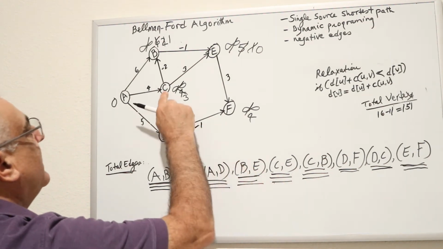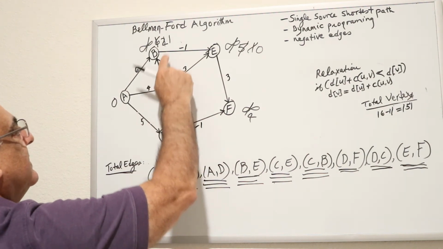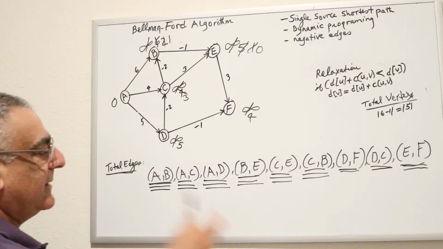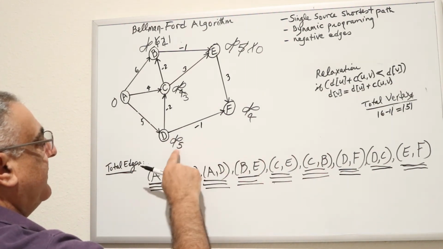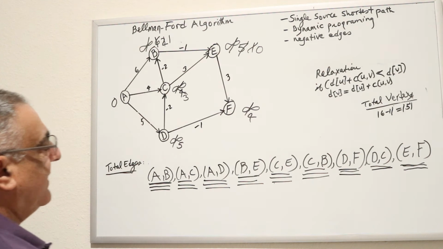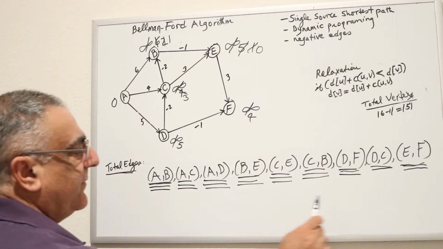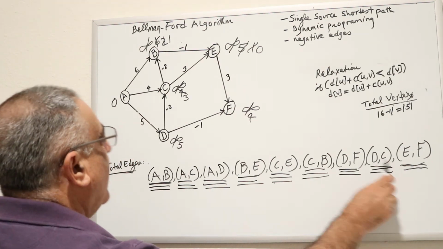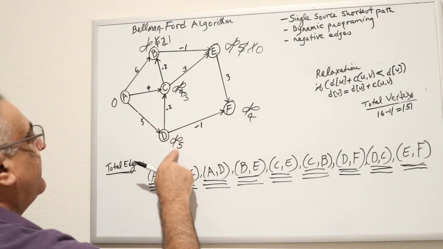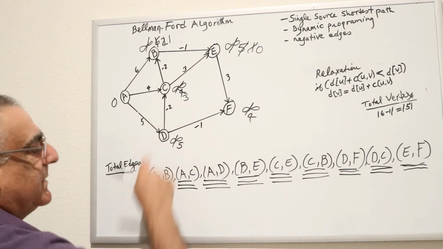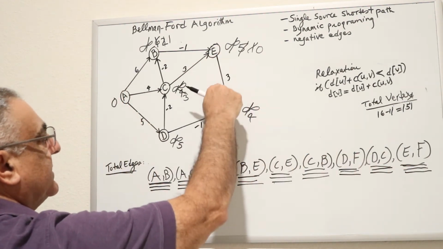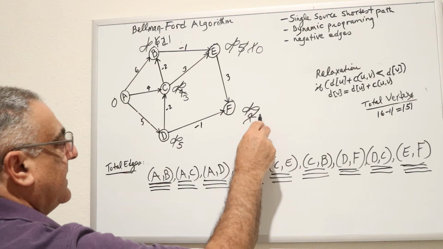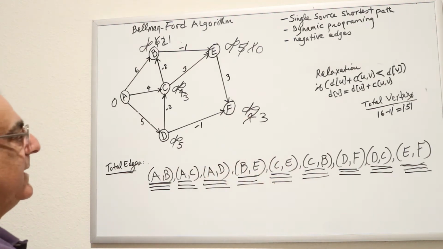C to B, 3 plus -2, that's a 1, can't change it. D to F, 5 plus -1, that's a 4, can't change it. D to C, 5 plus -2, 3, can't change it. E to F, 0 plus 3, which is 3, so it's better than 4. Okay, that's my third pass.